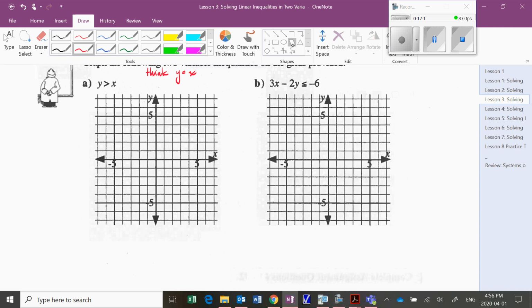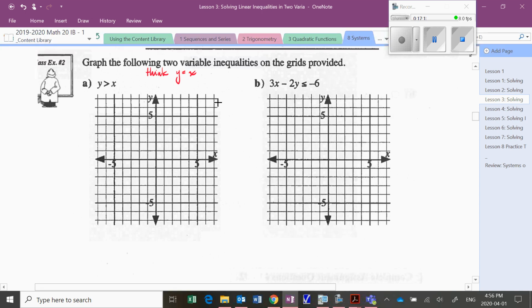So it is a lovely line that looks something like, here we go, like that. So that is y equals x. The problem here though is the fact that this says y is greater than x. So it's not greater than or equal, so it should not be a solid line. We should be actually using a dotted line.